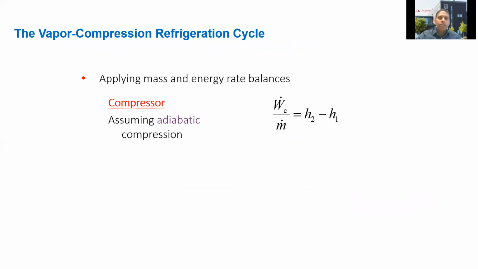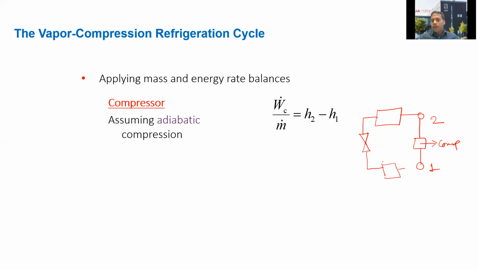And then what is the compressor work? As I denoted in the previous slide, point 1 is the compressor inlet, and this is point 2 here, if you remember. Then it connects to the condenser, then to the expansion valve, then to the evaporator.